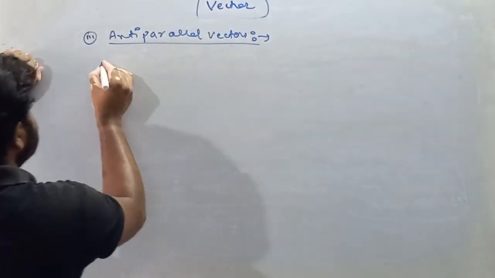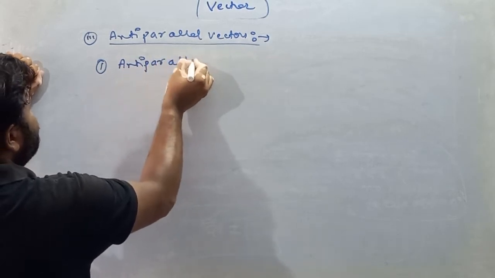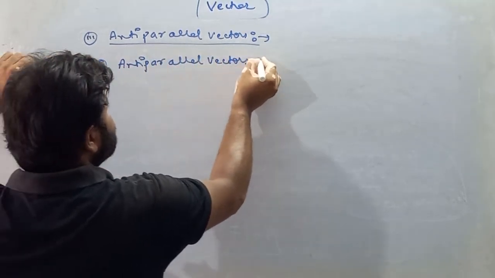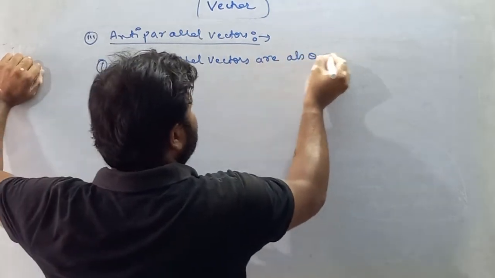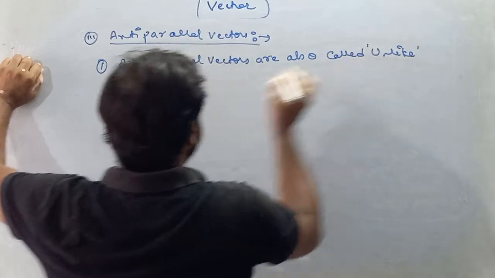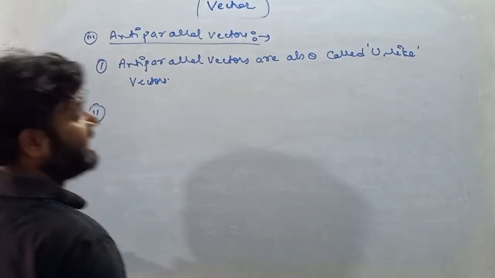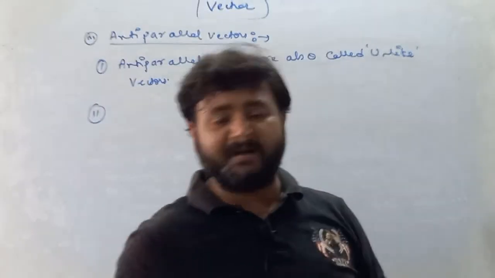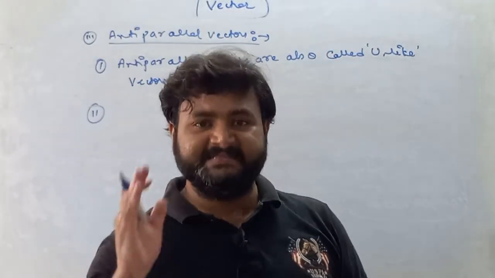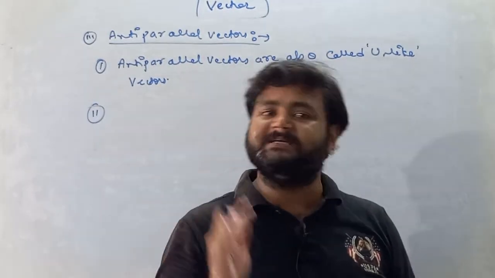So first point is anti-parallel vectors are also called unlike vectors. Now, if two vectors are parallel to each other but their direction is opposite, then we'll say both the vectors are anti-parallel to each other.